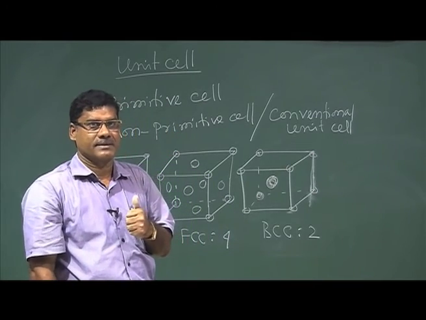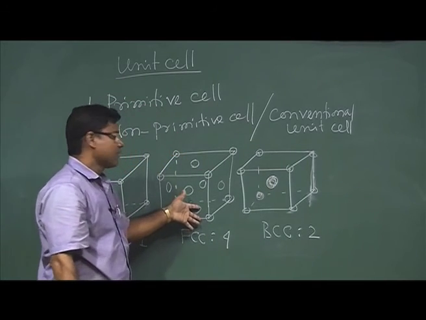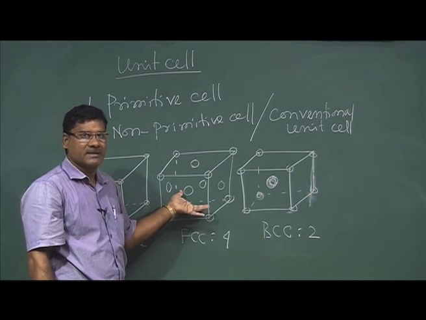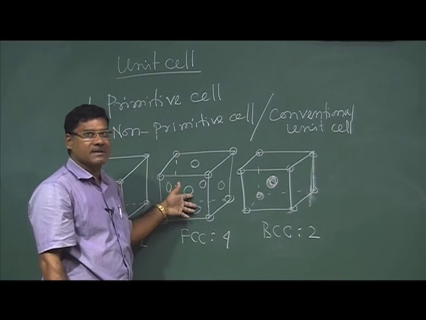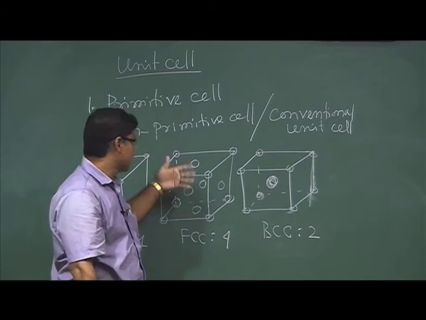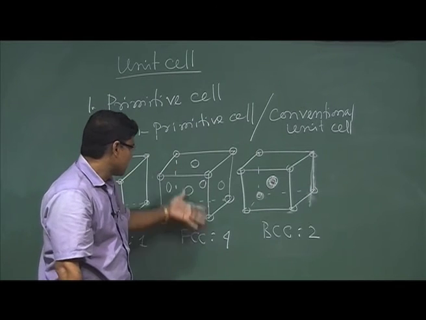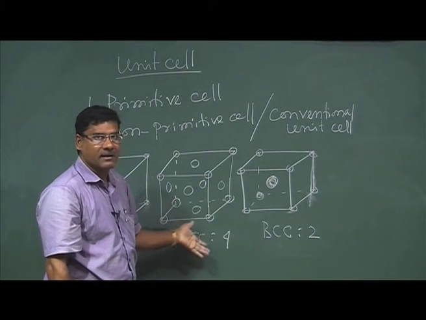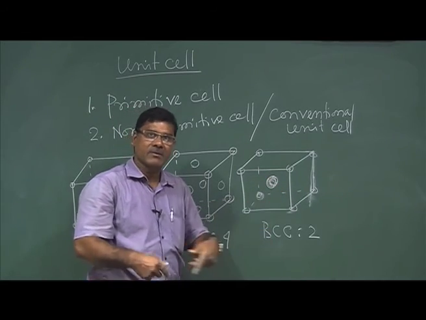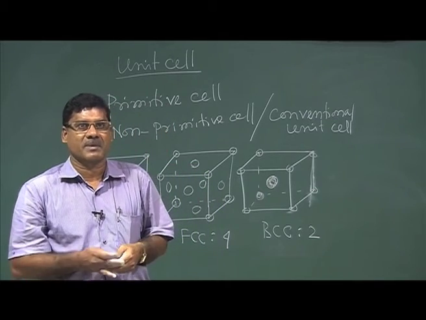The reason is not that one cannot find the primitive cell for FCC or BCC. Yes, one can construct the primitive cell from FCC and from BCC. So we do not need to use the FCC unit cell or BCC unit cell; one can use the primitive cell also. For any crystal, one can find the primitive cell.